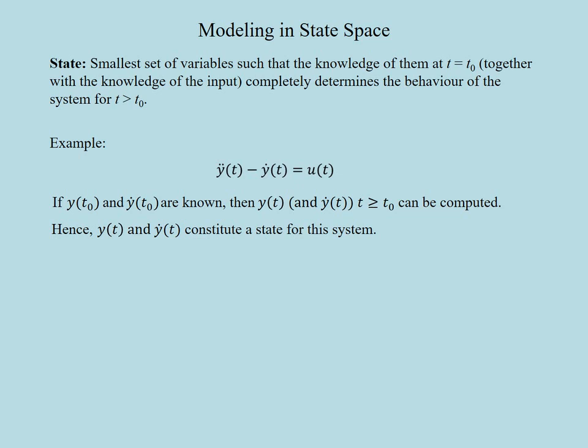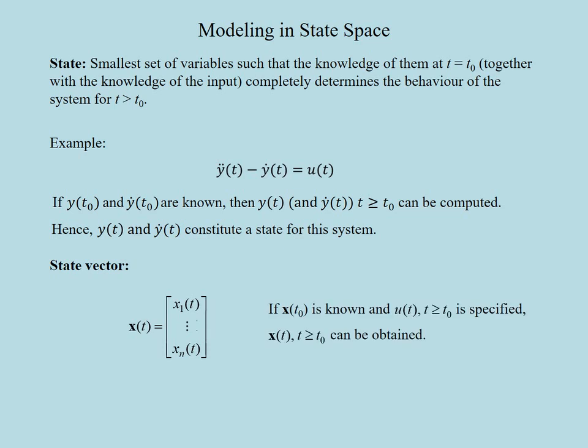This means y of t and y dot of t constitute a state for the system defined by this differential equation. If the state of the system involves more than one variable, like in this example, you can show them in a vector, which we are going to call the state vector and denote by a bold letter x.